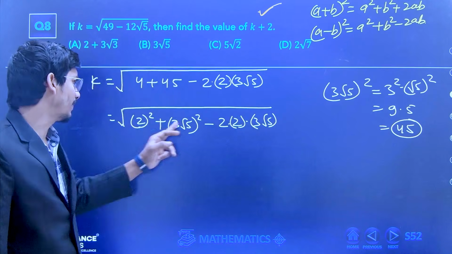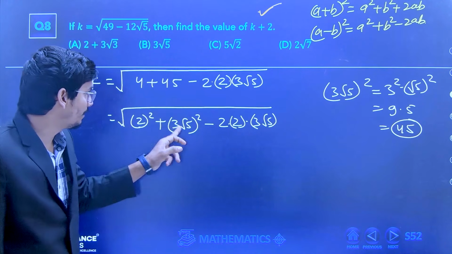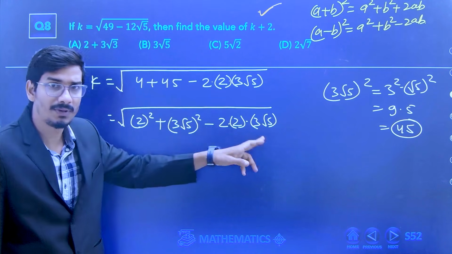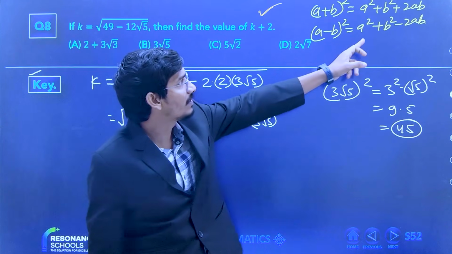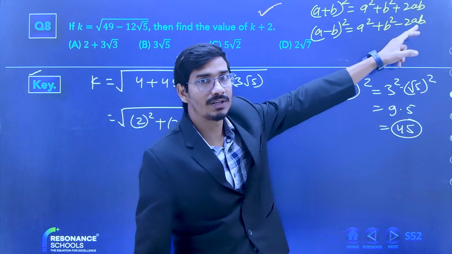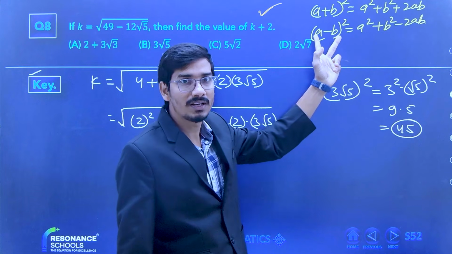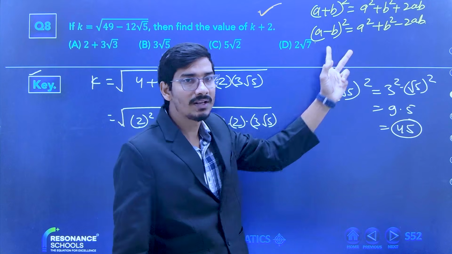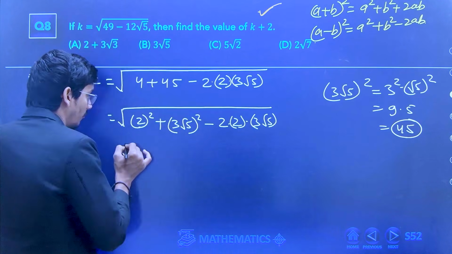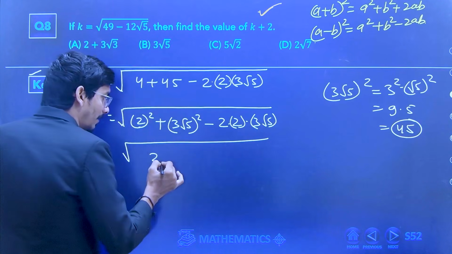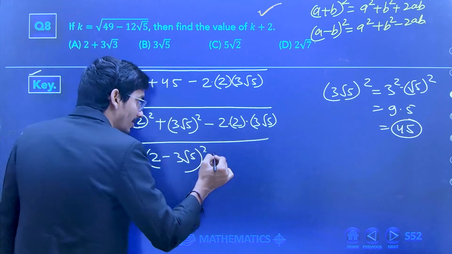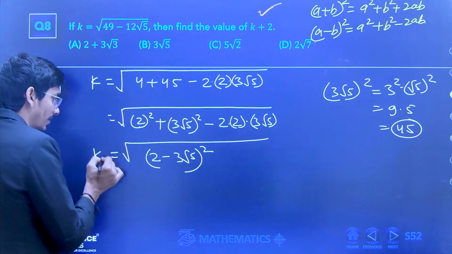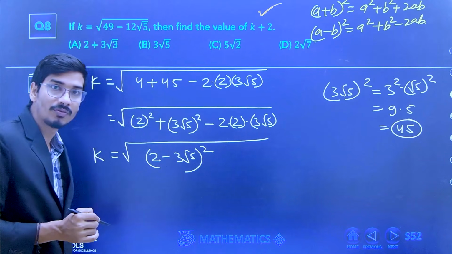Now, if you see this expression, a squared plus b squared minus 2ab equals what? a minus b whole squared. So we will write a minus b whole squared, and that equals what?